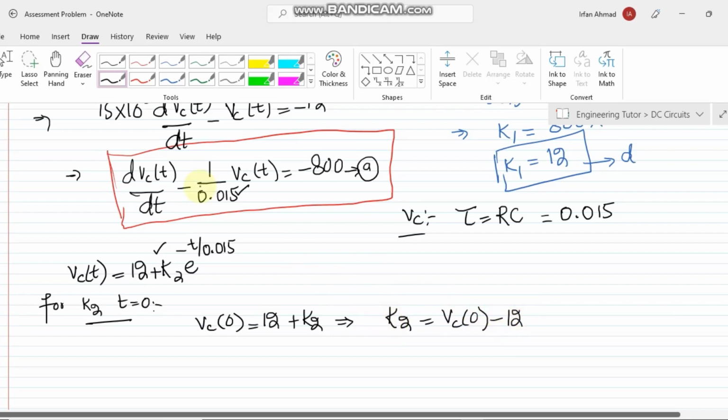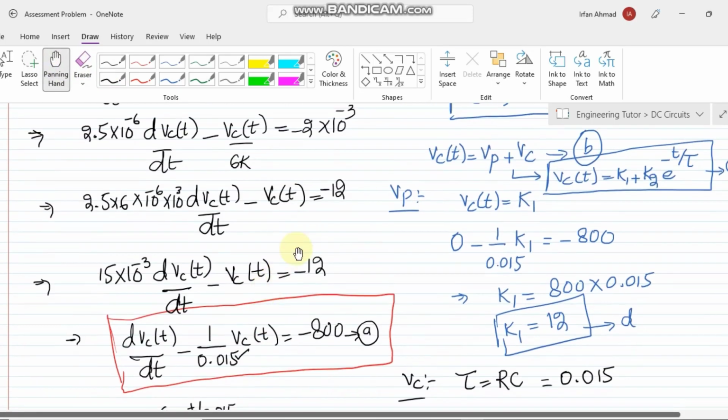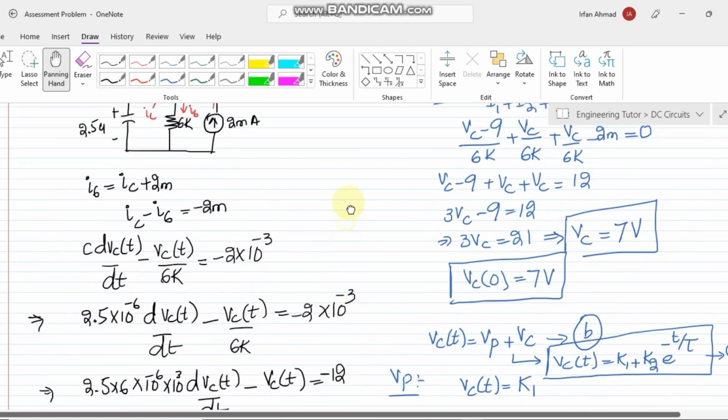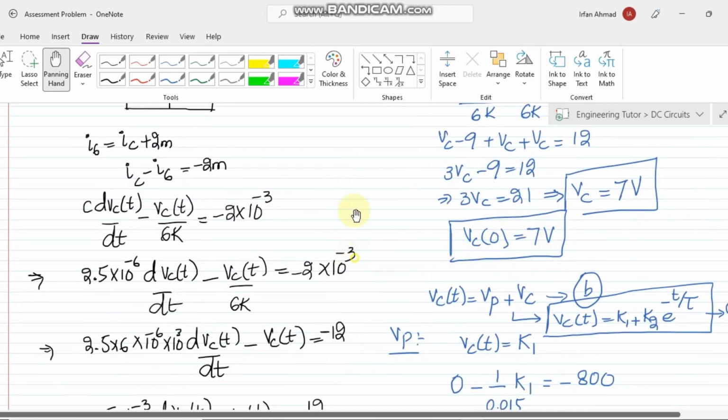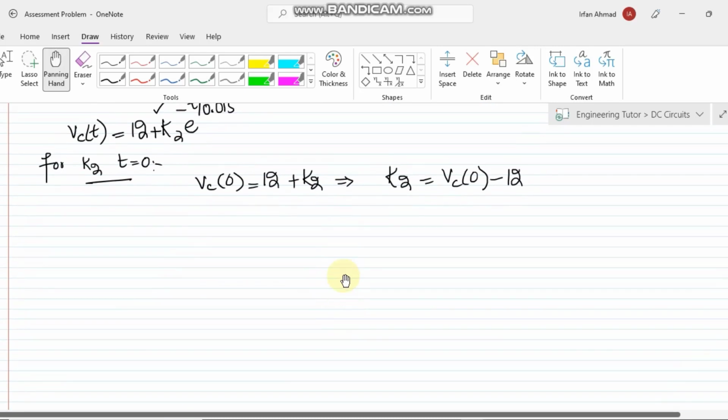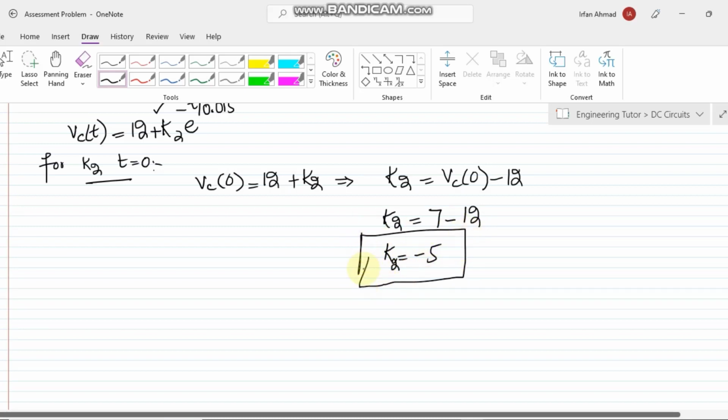Do we know the value of VC(0)? Yes, we have found out earlier on, and that is basically 7 volts. So writing it here, k2 will be equal to 7 minus 12, and k2 is now minus 5, so the value of k2 is minus 5.